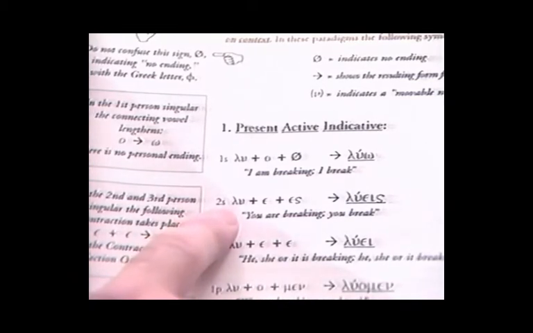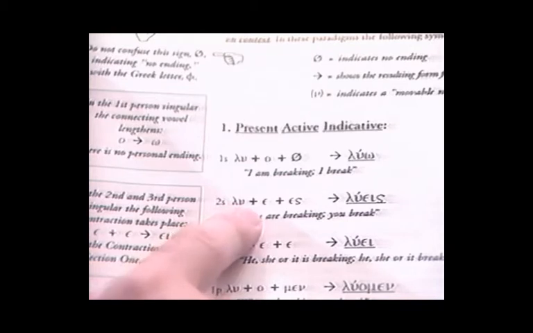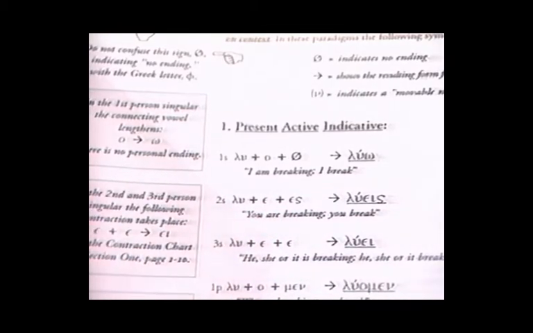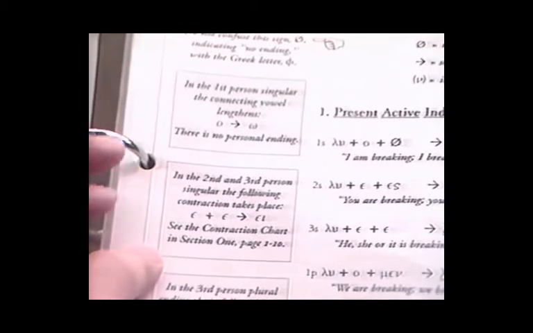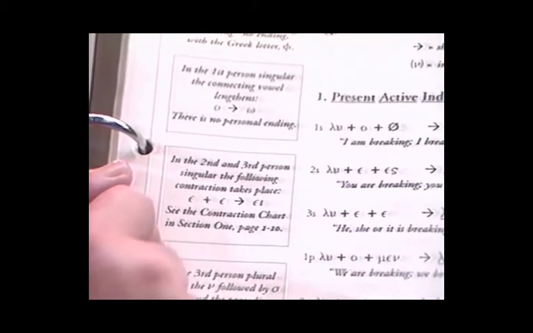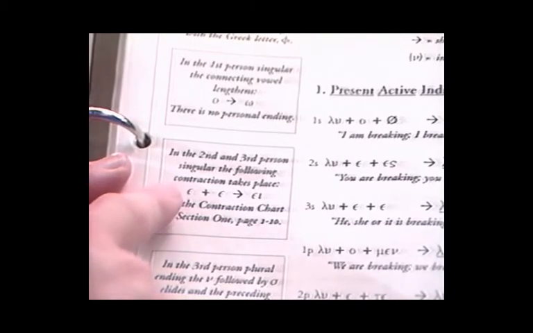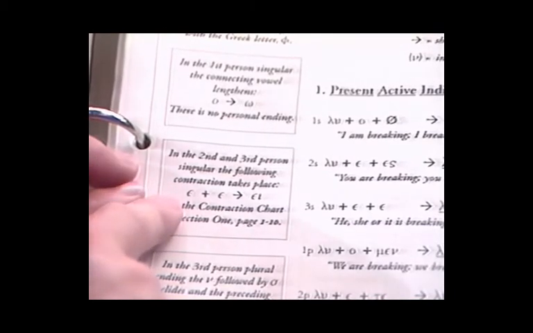Look at the second person singular ending. Again, we have our verb stem lu, to which we add the connecting vowel epsilon and the ending epsilon sigma. Now look at your sidebar note and let's see what is happening here. It tells us that in the second person singular, the following contraction takes place.